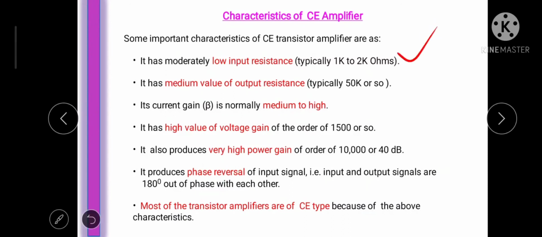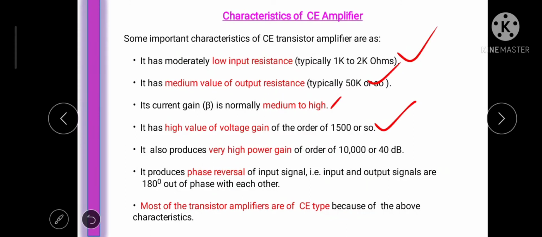This common emitter amplifier has a medium value of output resistance, typically 50 kilo ohms or more. Its current gain, I mean to say beta, is also normally medium or high. Also, it has a high value of voltage gain and its typical value is about 1500 or so.